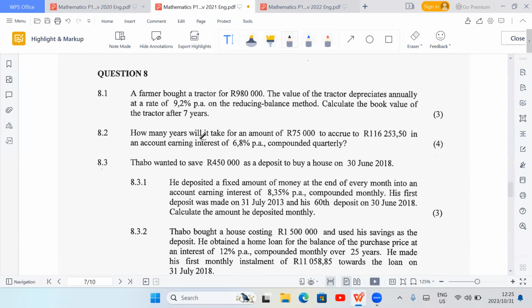How many years will it take for an investment of 75,000 to accrue to 116,253.50 in an account earning interest at 6.8% per annum compounded quarterly? So here we know this is even 4 marks. We are not making any monthly deposits or any regular deposits.